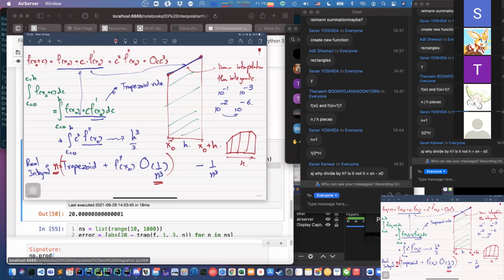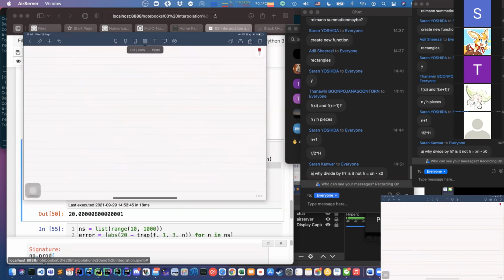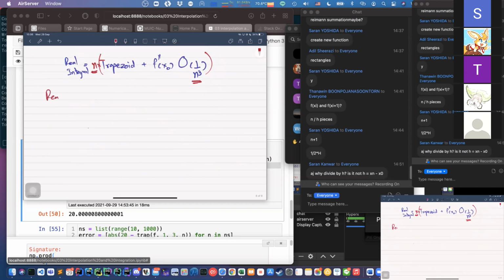What you have is going to be more like the following: the real integral is the trapezoid sum, where now you do many pieces. I just put that n as a sum. But that O of 1 over n cubed becomes O of 1 over n squared.